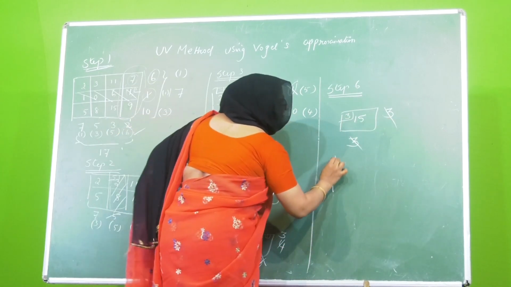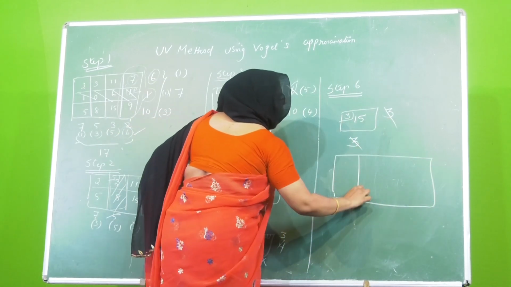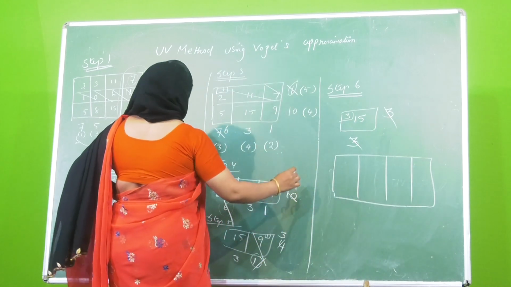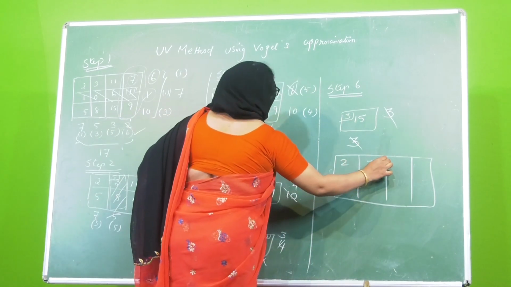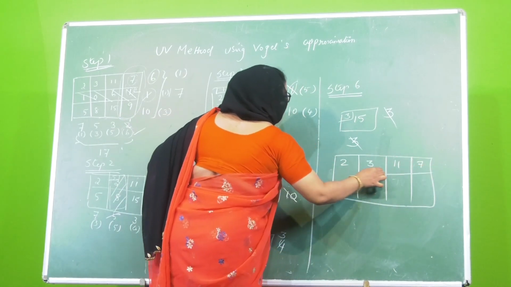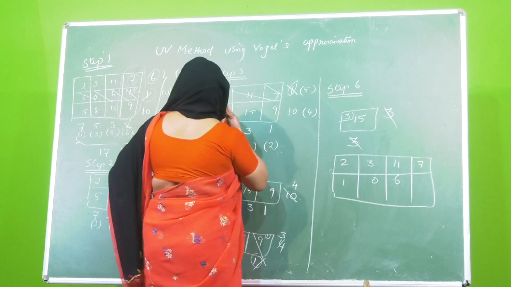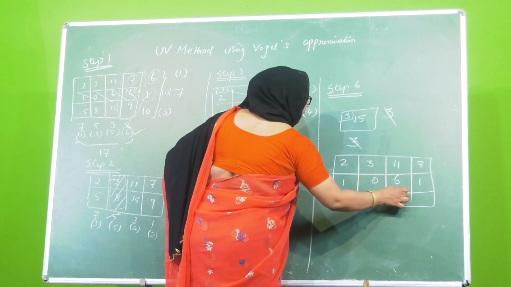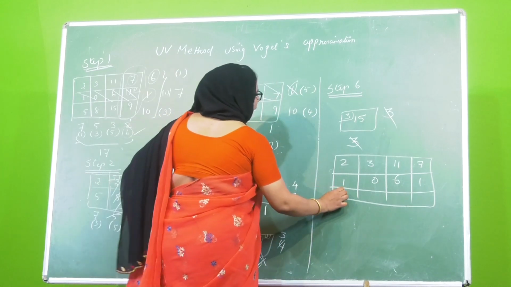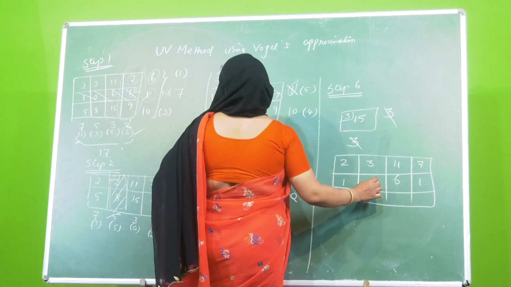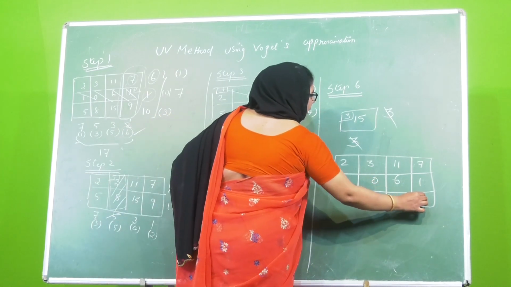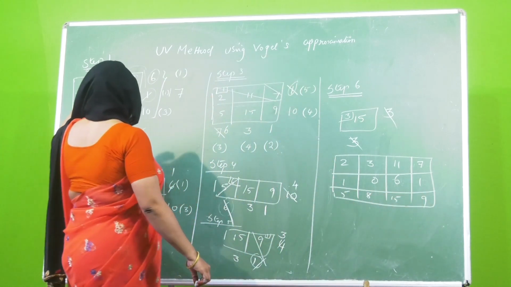So and put in the one table all the values. 2, 3, 11, 7, 1, 0, 6, 1, 5, 8, 15, 9. So what are the allocations?